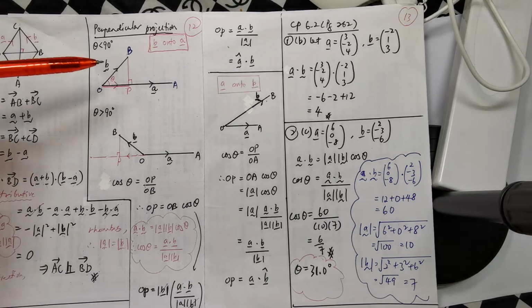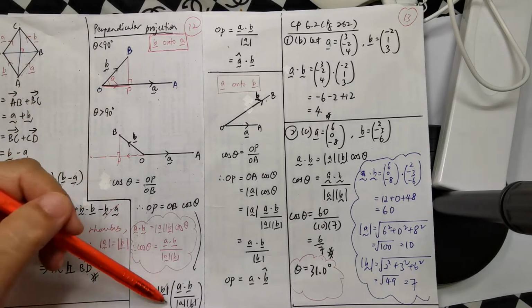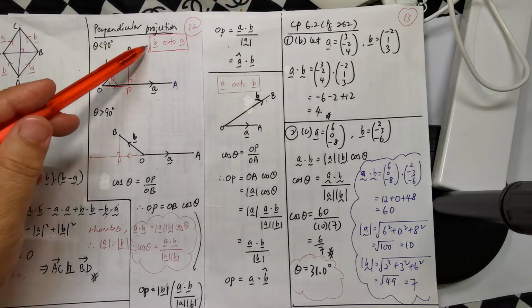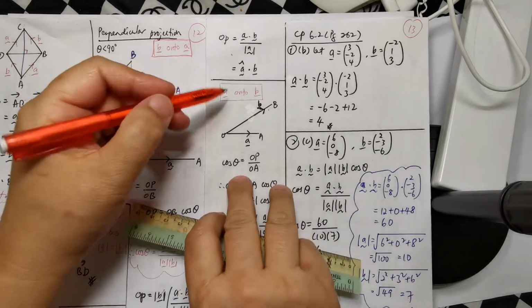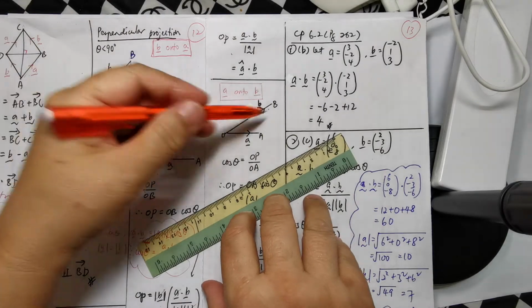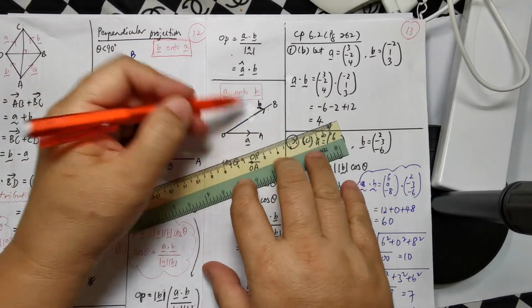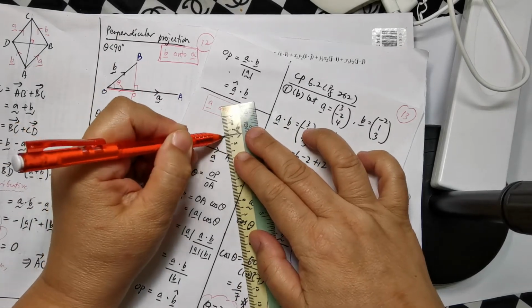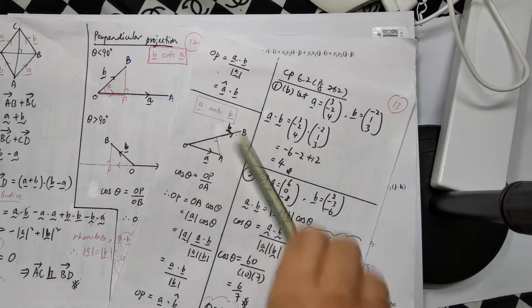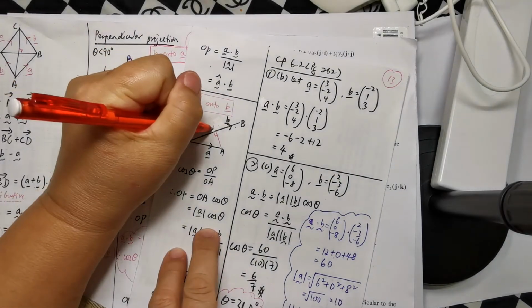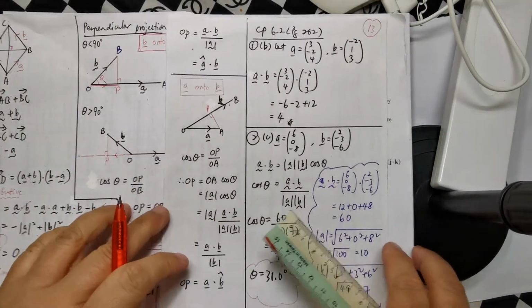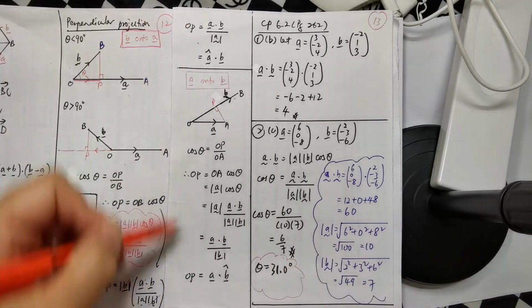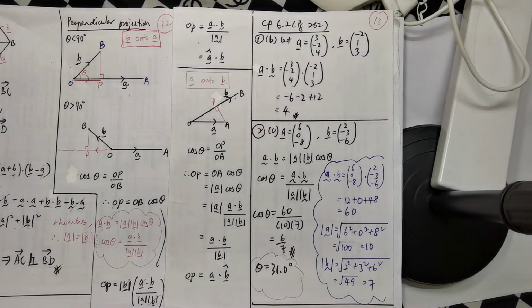So this is B onto A. Whereas for A onto B, it is the same line of thinking. Now A drops on B, so from A, draw a perpendicular line to vector B, and this is your P. By using the same concept, you can find the formula to calculate the length of the line OP.